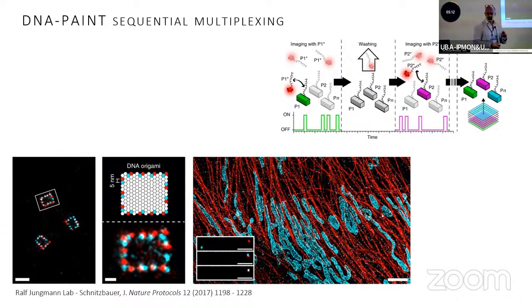An interesting feature of this is the possibility of sequential multiplexing, because in this case, for example, we want to do 2 colors, just 2. What do you do? You put one DNA sequence on one of the proteins and a different DNA sequence on the other protein. So you first incubate your sample with an imager strand that is complementary to one protein. And then you will see blinking at the positions with that DNA sequence.